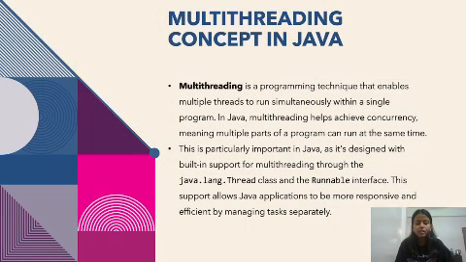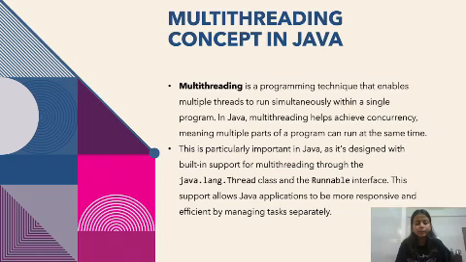Java has built-in support for multithreading, allowing developers to create and manage threads with ease. With multithreading, Java can run multiple tasks at once, significantly improving the responsiveness of applications. This is especially important for applications that need to perform background tasks such as loading data without freezing the main user interface.